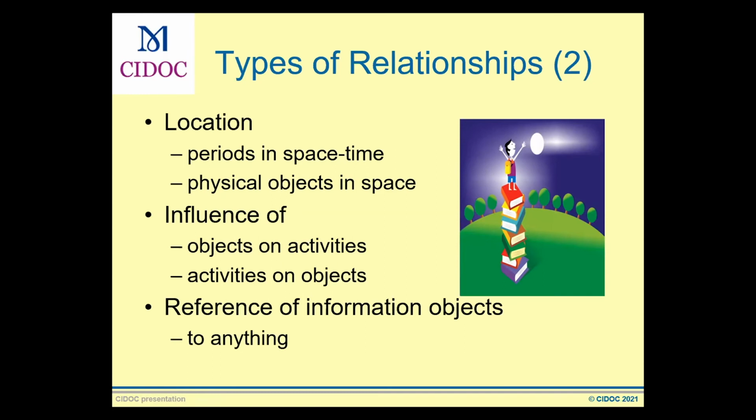So the Romans did their stuff in Europe, or during a broad bracket of time, or the Romans in Britain is another period, which is bounded by the shores of the British Isles, or some of them anyway, and the time when the Romans were here. So we can also talk about the location of physical objects in space.